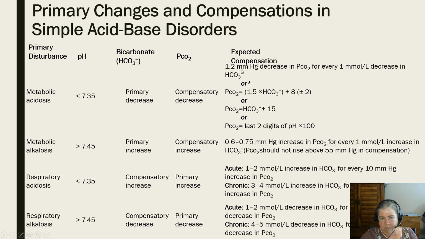Don't worry about the numbers here, but metabolic acidosis will result in a respiratory compensation.